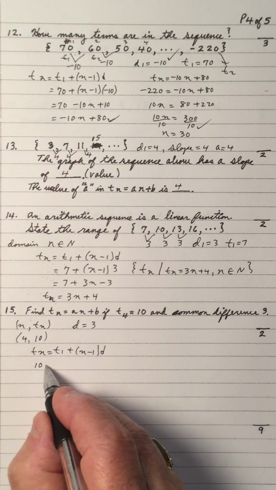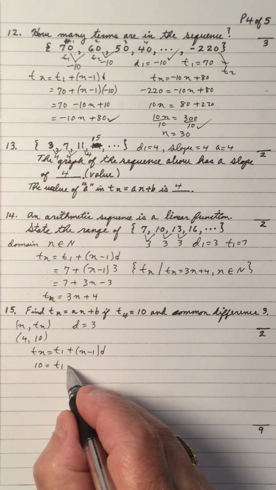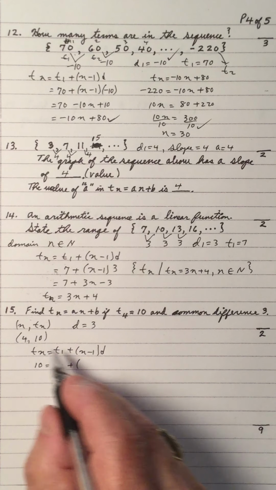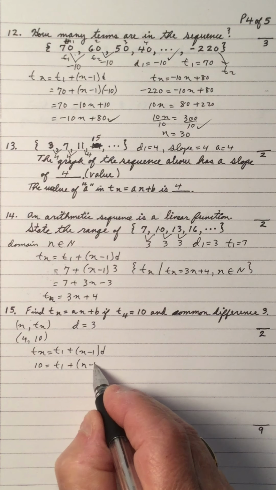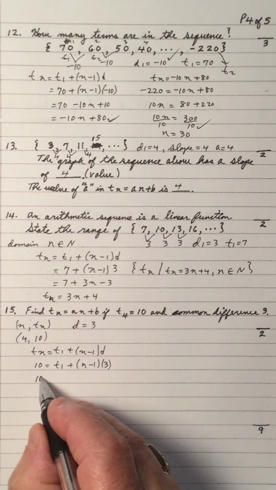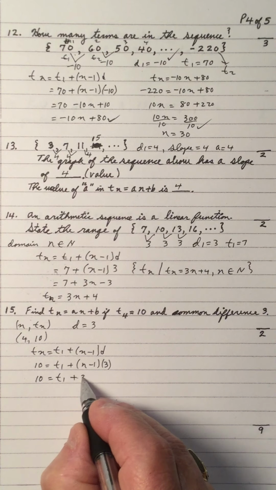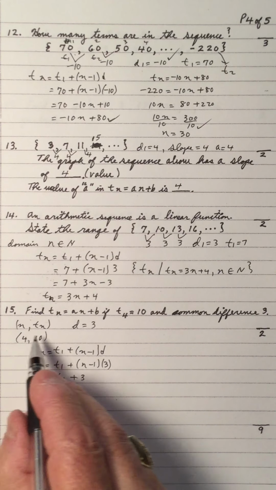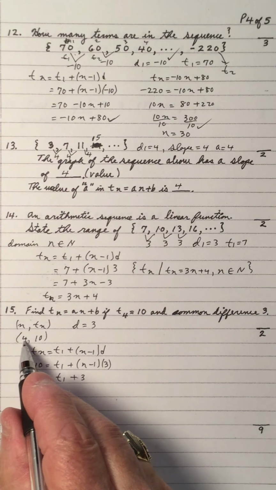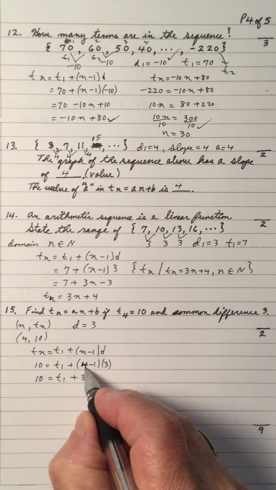Tn is 10. T1, we don't know. But we know that n is 4 minus 1, and the difference is 3. So 10 equals T1 plus 3 times n minus 1. Oh, we also have n is 4, so I can fill a 4 in here too.